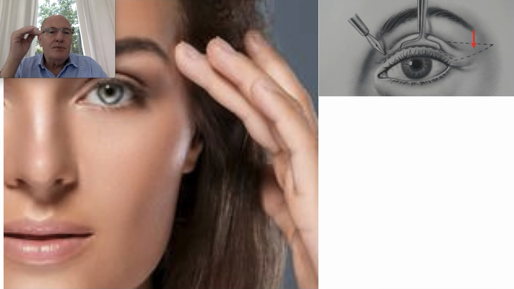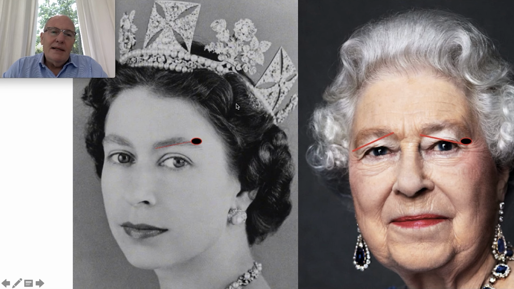Then a patient comes to my office and says, "Doctor, I want a blepharoplasty," and they pull up the tail of the eyebrow. And if I perform a blepharoplasty, I'm going to pull down. Generally, the aging process is a combination of ptosis, or dropping of the tail of the eyebrow, and a flaccidity of the upper eyelid.